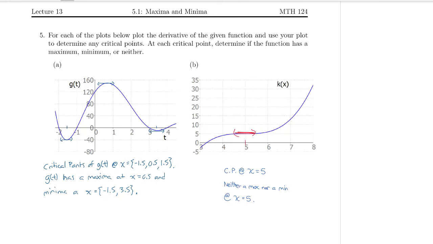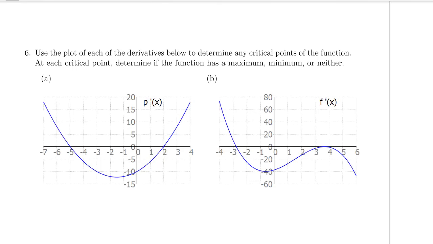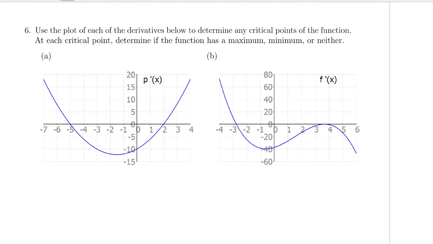All right. So now let's take a quick look at what this looks like in terms of the derivative. So now the same question, find any critical points of the original function and then classify them as a max, min, or neither. So if we look at part A, what we're trying to find out is our critical points of P and classify those as max, min, or neither.